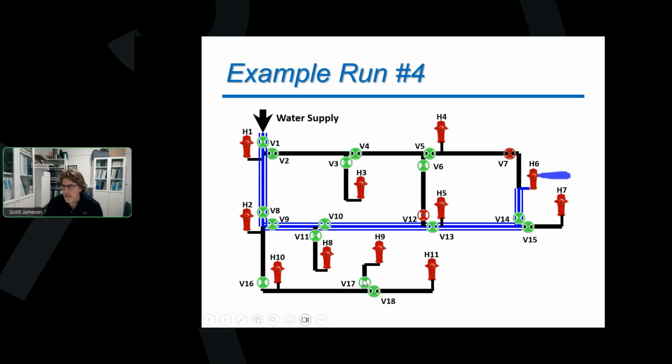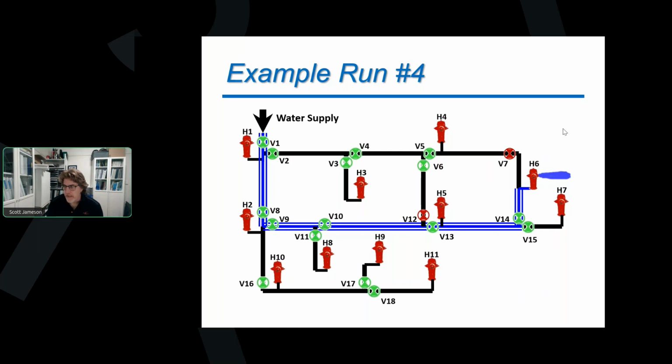Now this was the reason that we had valve 12 closed here. The next flushing run is we're going to switch valve 7 and valve 14. We're going to leave all our equipment up at hydrant number 6. And now we're going to flush down that middle main of the loop.